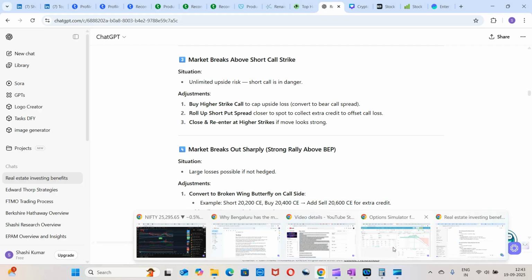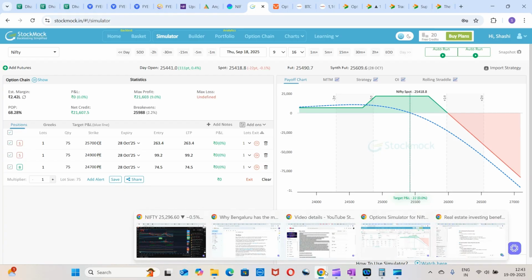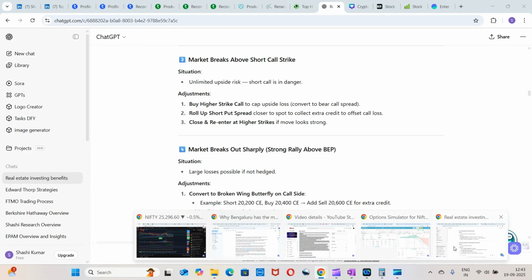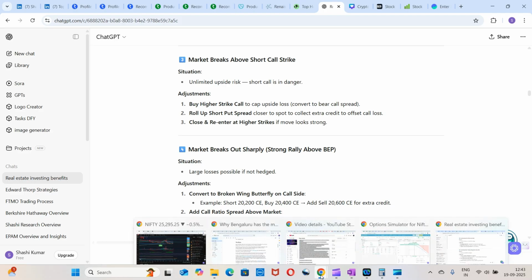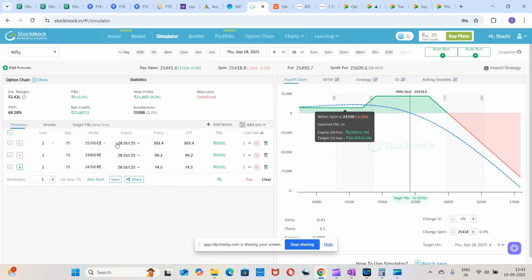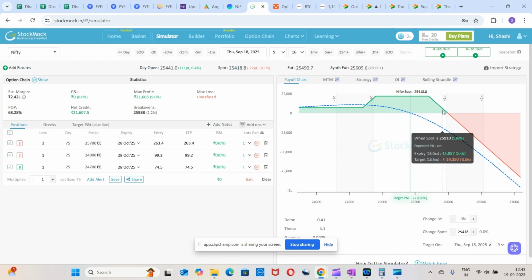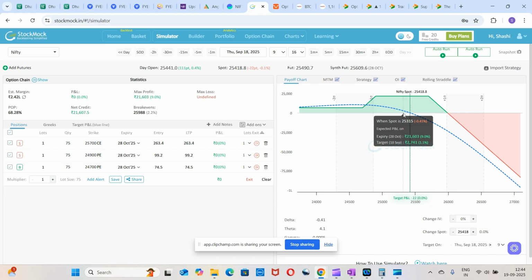You have shorted this call, so if the market has broken this short call strike, you could close this position and enter another position. Since you still have some leeway here, you can roll up this short call strike to 25,900, or you can just close this position and deploy another one.